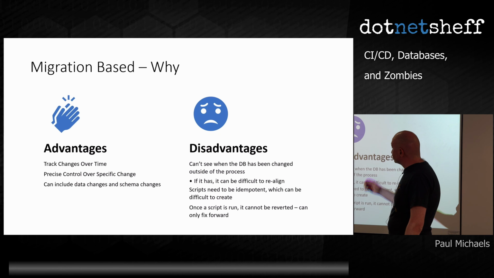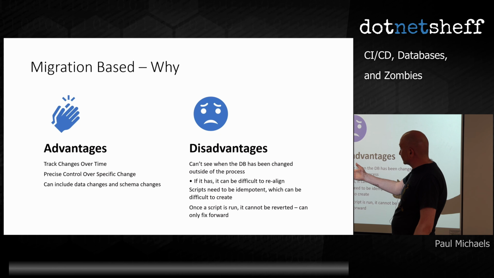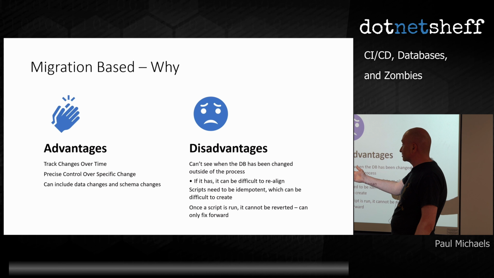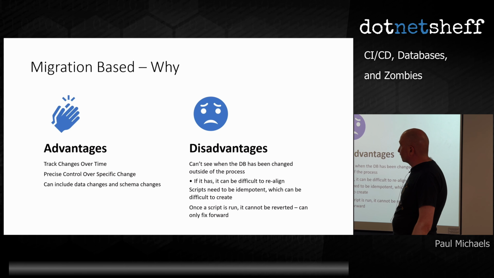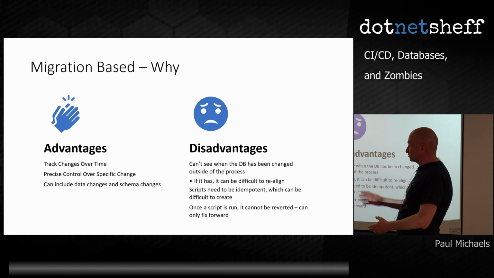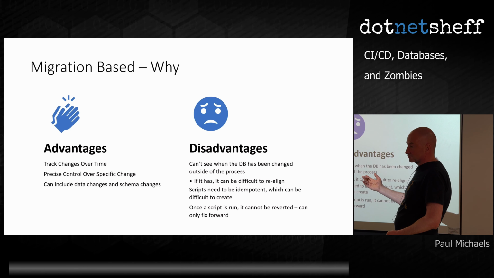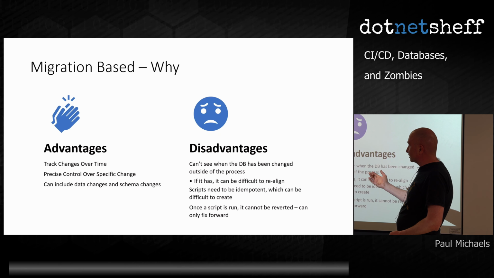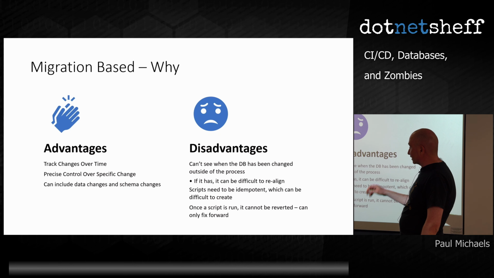All right, so migration-based, why? The advantages are you can track changes to the database over time, so you can see how it's changed and what's happened to it. You get precise control over each specific change, so you can go in and make sure that, for example, if you wanted to change an index or a stored procedure or whatever it was, you get fine-grained control over exactly what that does.